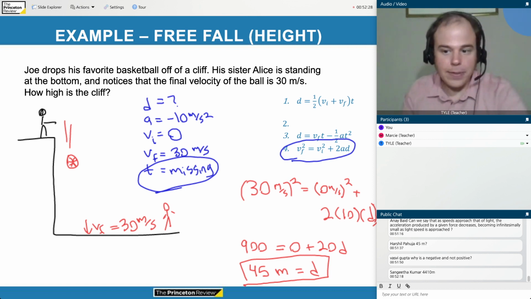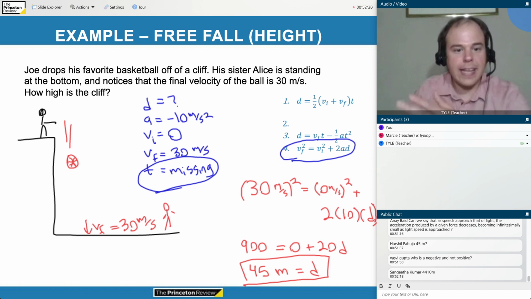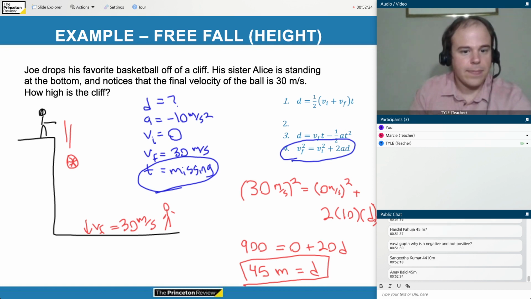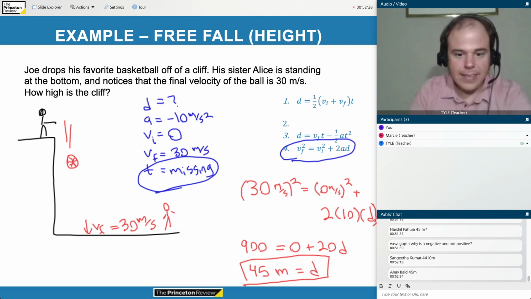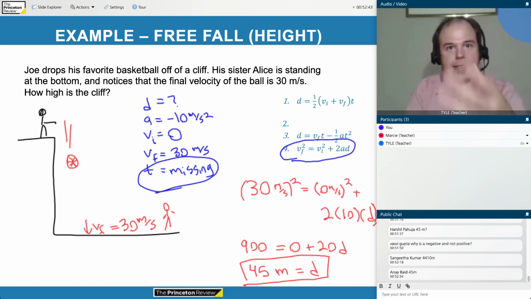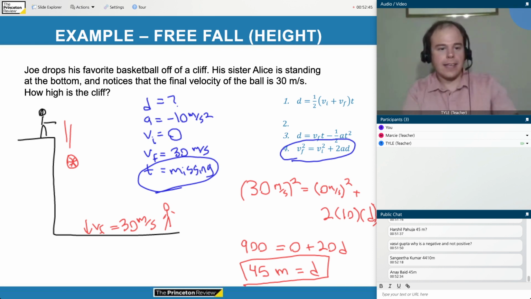And I saw a couple of questions come through in the chat about what's negative versus positive. Good question. When we say how high is the cliff, people would usually give a positive answer.